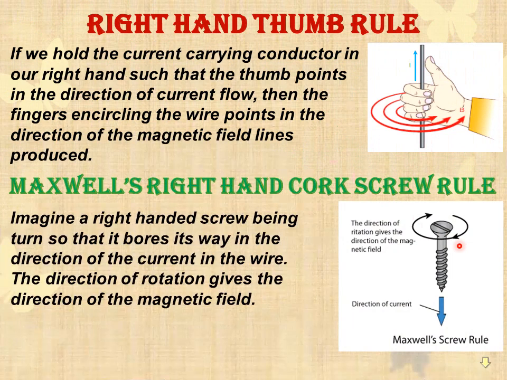The direction of rotation gives the direction of the magnetic field. You can see in this picture, direction of rotation gives the direction of magnetic field. This shows the direction of magnetic field, and this is the direction of the current. If you nail the screw inside, then you have that direction as the direction of current and the turning side as the direction of magnetic field, which is Maxwell's screw rule.